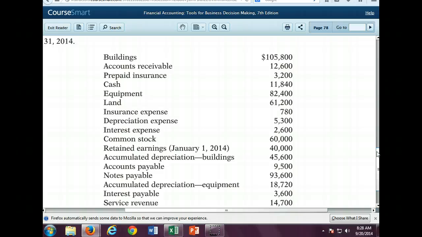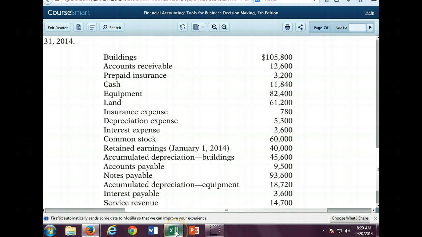Accounts receivable are monies we're expected to receive in the very near future, so that's our second one. Prepaid insurance is going to be liquidated into cash because we're going to use up that prepaid insurance in the current period. Is there any inventory?